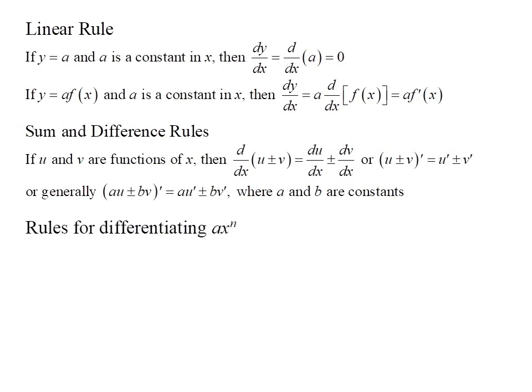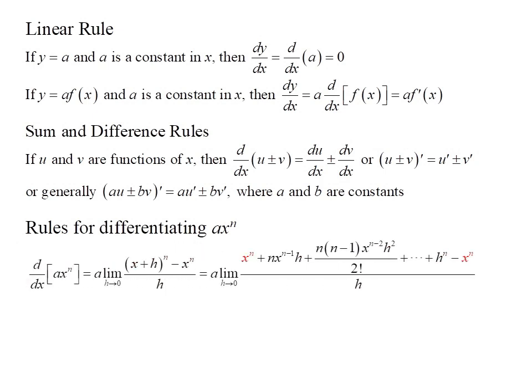Another rule we are going to explain here is the differentiation of ax to the power of n, by applying the linear rule as well as the first principle rule. The derivative of ax^n equals a times the limit of ((x+h)^n minus x^n) over h as h approaches 0.